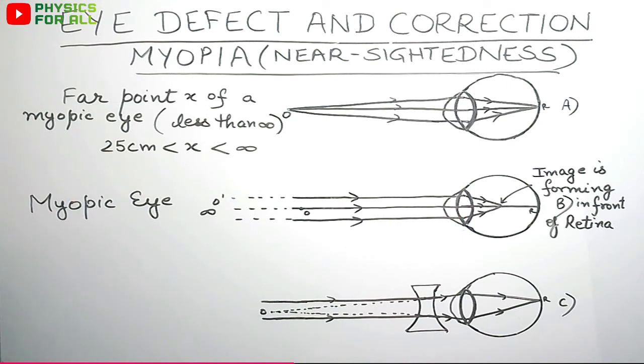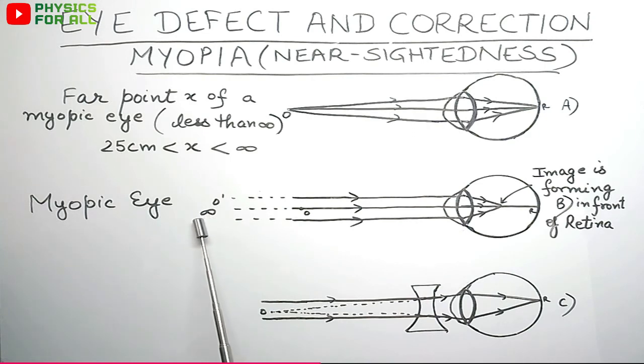You must have seen, if people have to read something from a far off distance and they have a myopic eye, they try to contract their eyes so that they can see it properly. Why? Because the image is forming in front of the retina and not on the retina. So they are getting some blurred vision. So this is the problem.